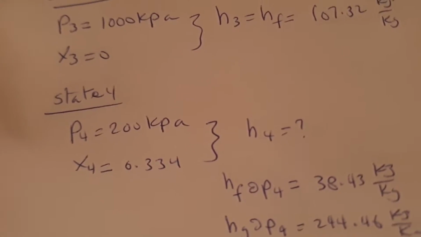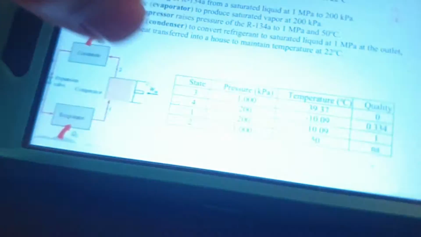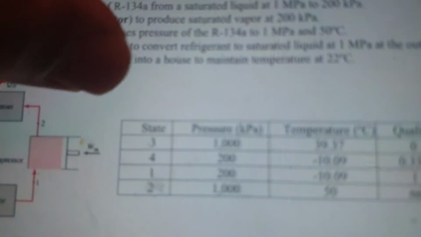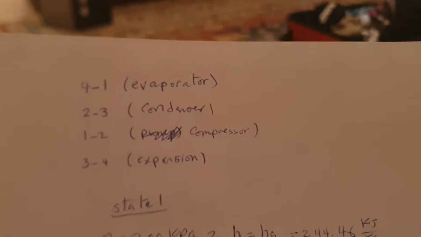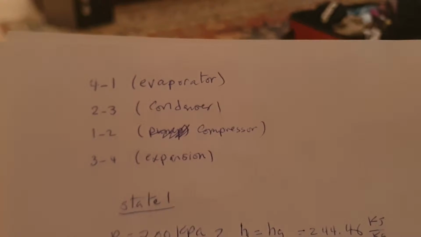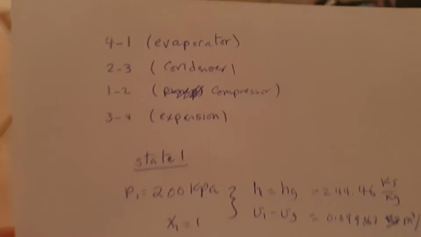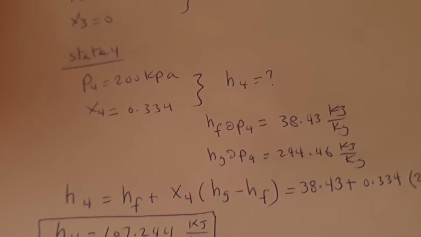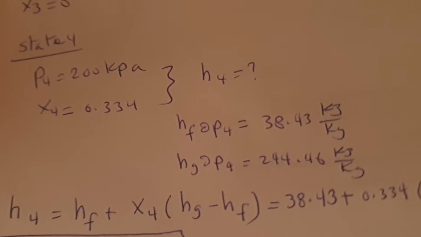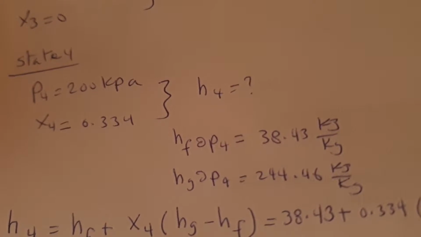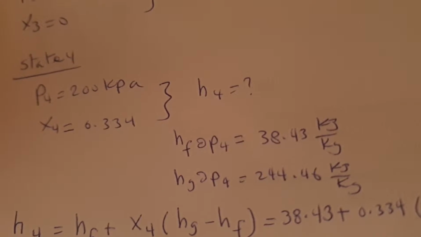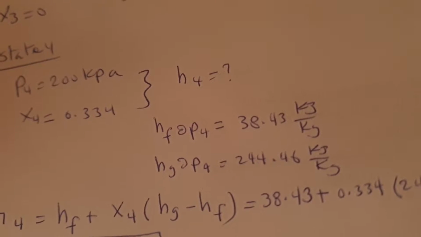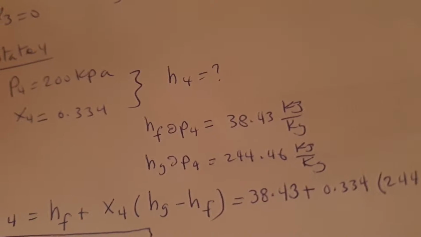Now, state number 4 is the process starting from the evaporator. Leaving the evaporator is 1. So we need to find what is getting into the evaporator from the expansion. So for H4, HF at pressure 4 is 38.43 from the table, because that's pressure 4, 200 kilopascal, and HG at P4 is 244.46 kilojoule per kilogram.